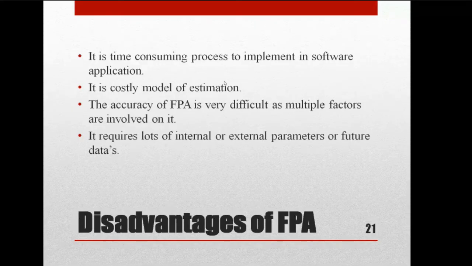We can take the technology, or we can take the coding, right? We may be writing the code in a different way. Sometimes a particular function can be divided into 2 sub-functions. Right, that function can be used in some other function. So likewise, some kinds of issues are there, right? We won't be able to accurately identify the FPA. Okay, so yeah, accuracy of FPA is very difficult as multiple factors are involved in it.